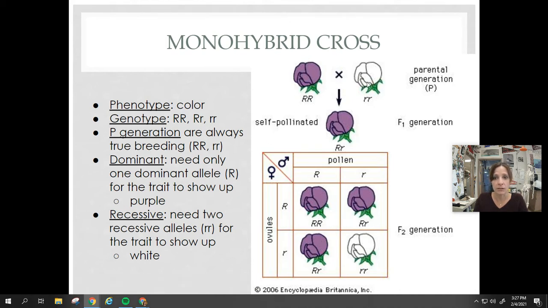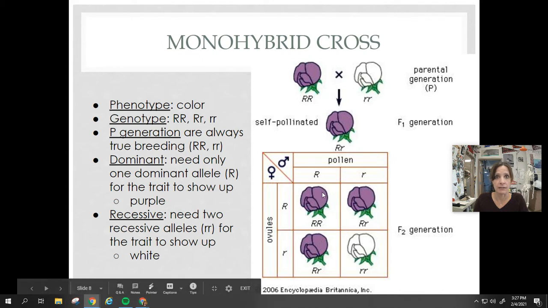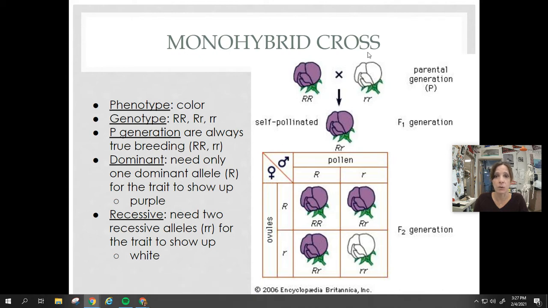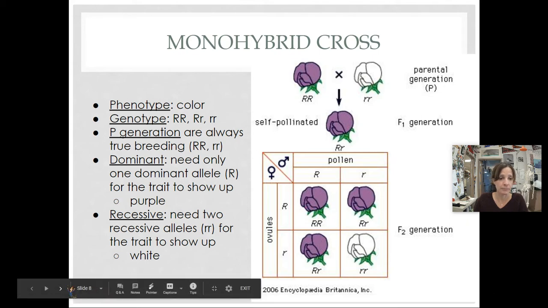So the P generation gives rise to the F1 generation. And then if you have an experiment like this, the F1s are mated together, or in this case, self-pollinated. And so your two parents would be big R, little r, crossed with another big R, little r, and that's where you would get this Punnett square. But mono means one, so a monohybrid cross is one trait.